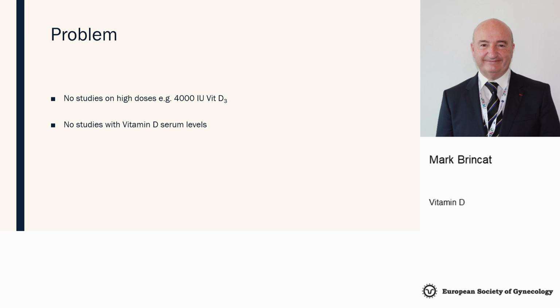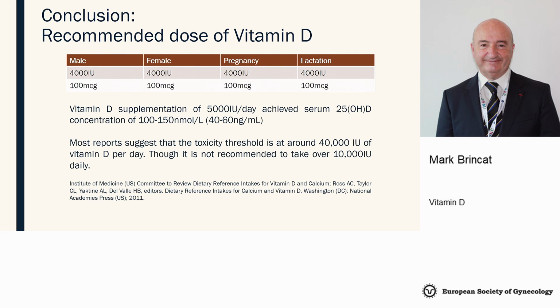And where does this magic 4,000 international units figure come from? It comes from the realization that you can increase vitamin D by 10 nanograms per mL per day by giving 1,000 international units. So as a rule of thumb, 1,000 international units orally translates into a 10 nanogram increase.